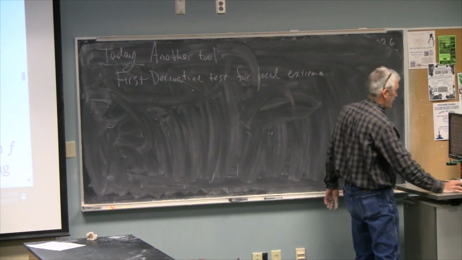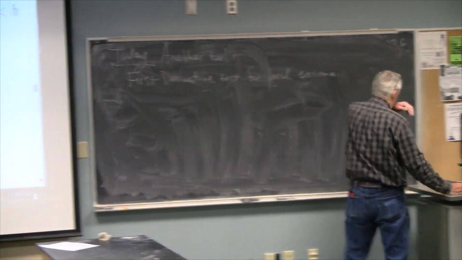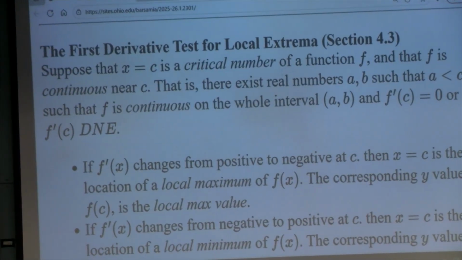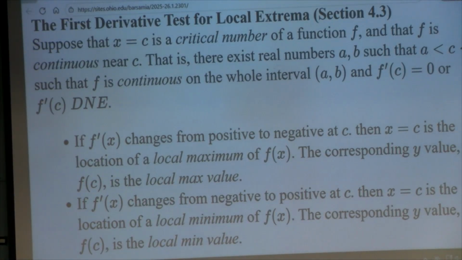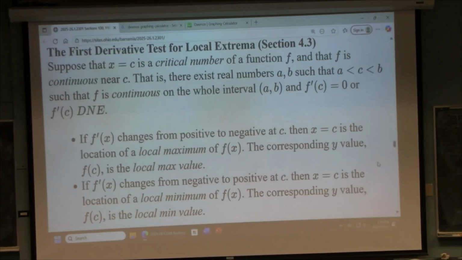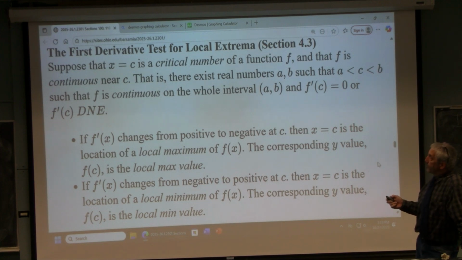All right, so here's the test. Suppose that you have a critical number of a function f. Remember what a critical number is. A critical number is an x value where f of x exists and the derivative is either equal to 0 or does not exist.